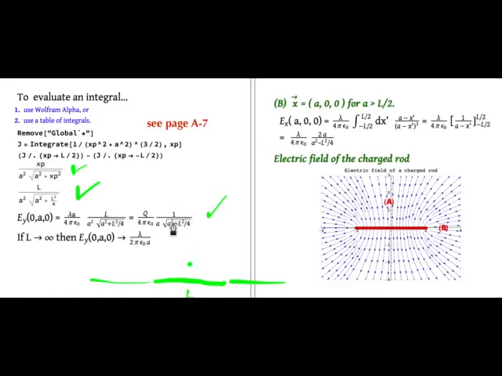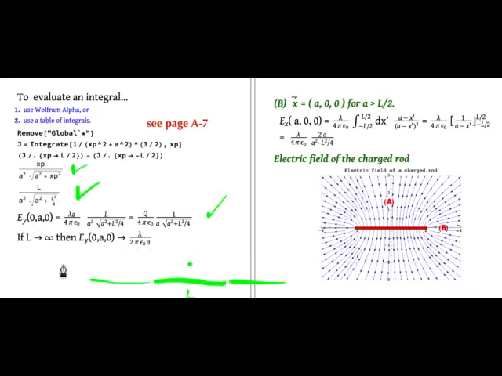Anyway, for the limit L goes to infinity, this becomes 2 divided by L. I'll have Q over L. Now Q over L is the density, lambda. And then the 2 cancels the 4 here. So for a charged line with charge density lambda, the electric field at distance a from the line is lambda over 2 pi epsilon 0 a.